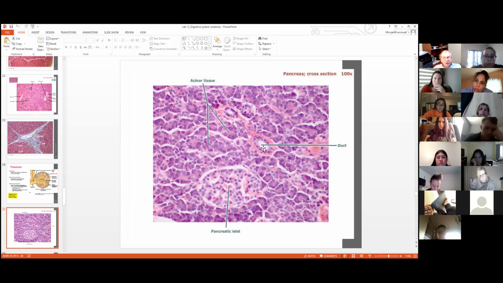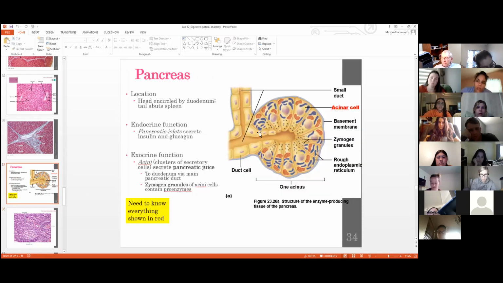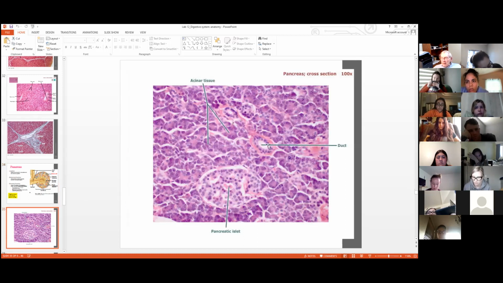So that's carrying the fluid away from the acini. But when you see these little circular areas here, those are acini. So those are little compartments like this. You're seeing these little circular compartments whenever you see these structures that do not have a duct in between them. So this is not an acini. This is a duct. These are acini here. All these little circular areas.